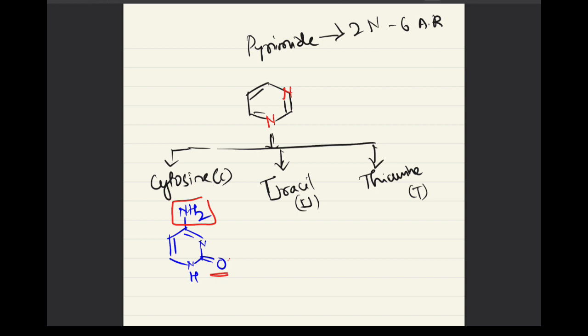We will draw the structure of uracil. Again basic structure, nitrogen, 6-membered ring, pyrimidine, and C double bond O is present, another C double bond O, and we will place the double bonds where only one double bond, and this becomes NH and this becomes NH. And this is uracil, present only in RNA.